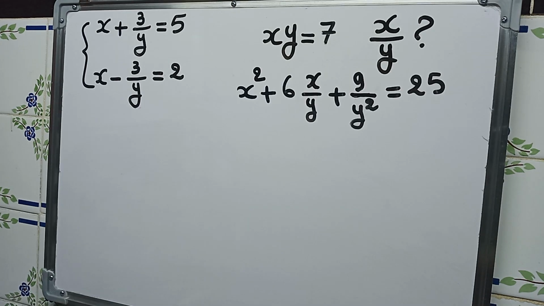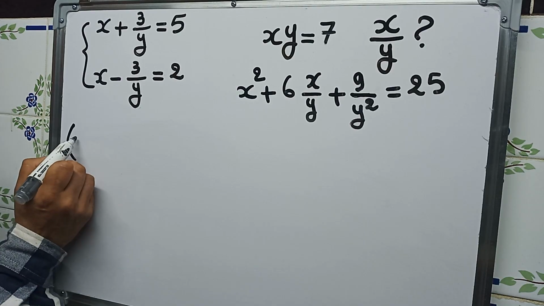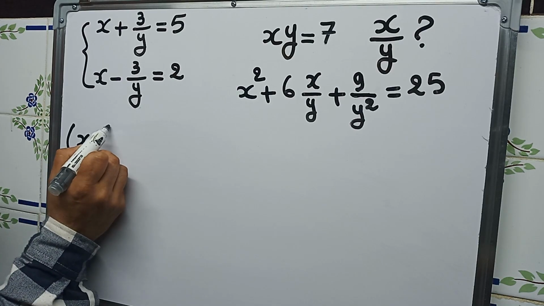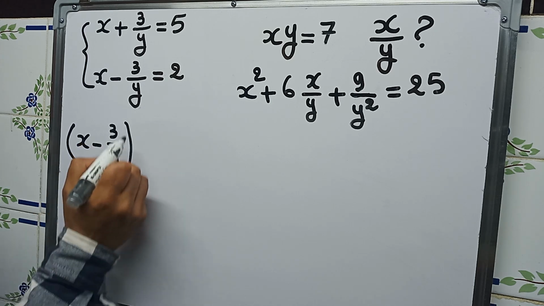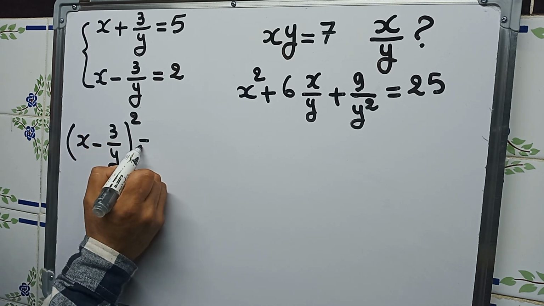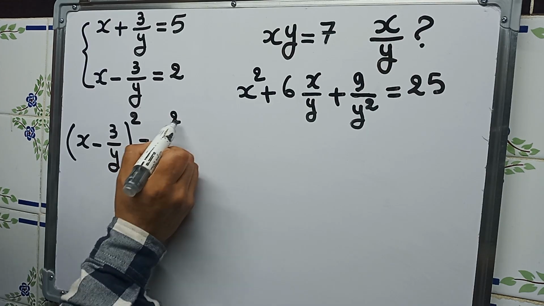Now let's square the second equation. So from here we will have x minus 3 over y squared is equal to 2 squared.